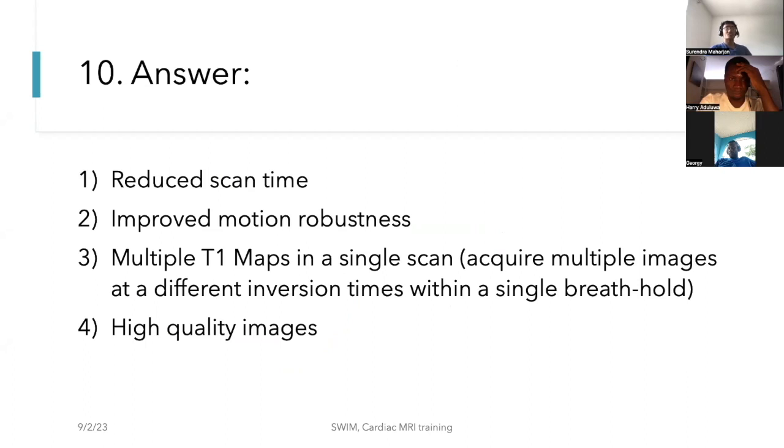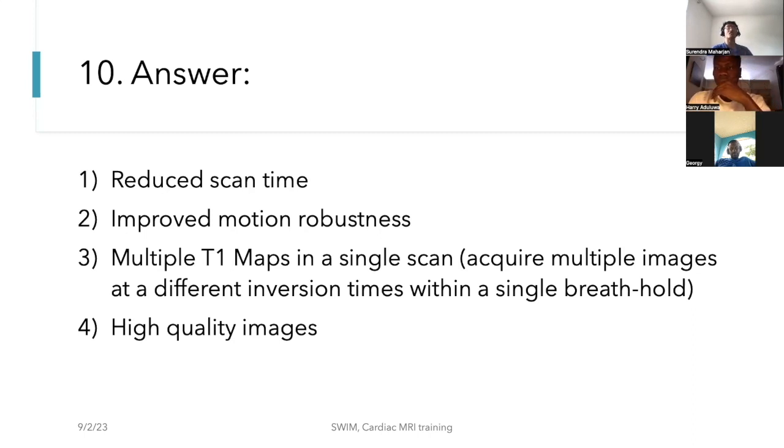It improves motion robustness. We will have less motion, and we are using multiple T1 maps in a single scan. That is, we can acquire multiple images at different inversion times, like some inversion may be a little shorter and some maybe a little greater. And we are just averaging based on the inversion time.